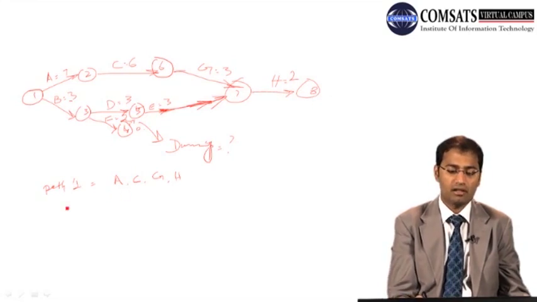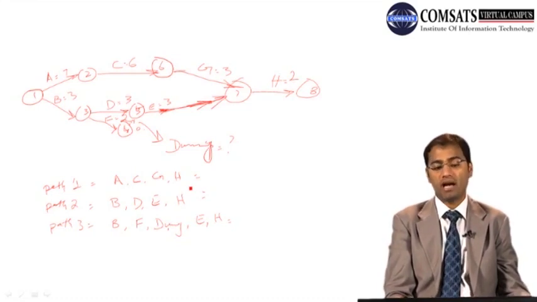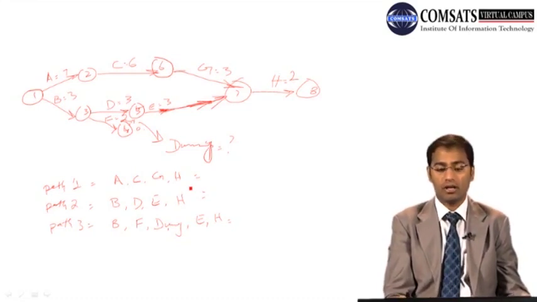So this is the first path, and then path number 2 is B, D, E, H, and path number 3 is B, F, dummy, E, and H. So these are 3 possible paths through this diagram.